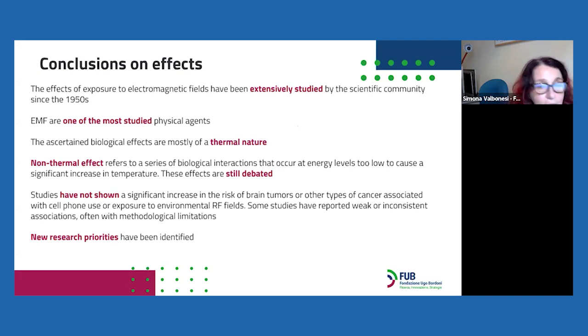The known biological effects are mostly of thermal nature. Non-thermal effects refer to a series of biological interactions that occur at energy levels too low to cause a significant increase in temperature. These effects are present. They have been seen in some experiments, but are still debated.